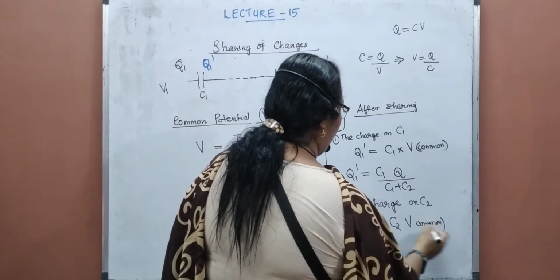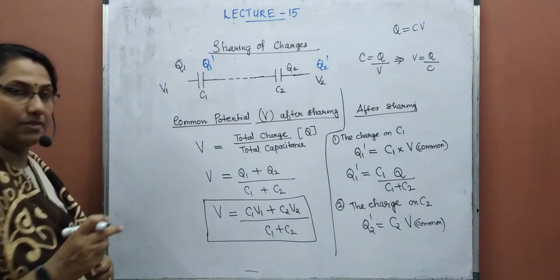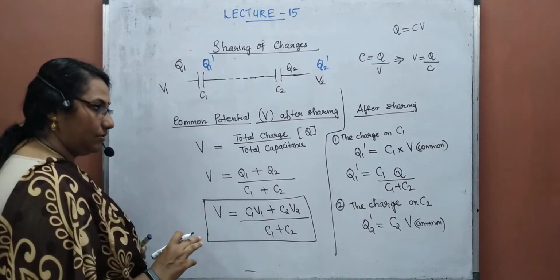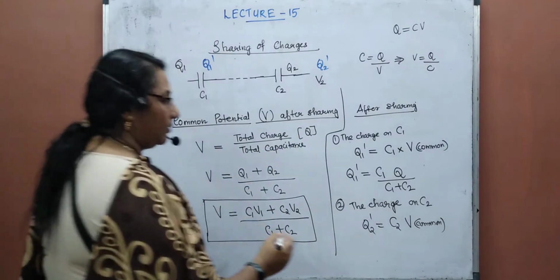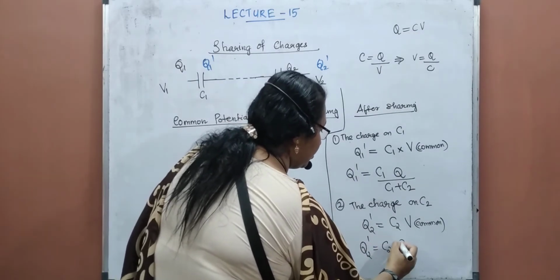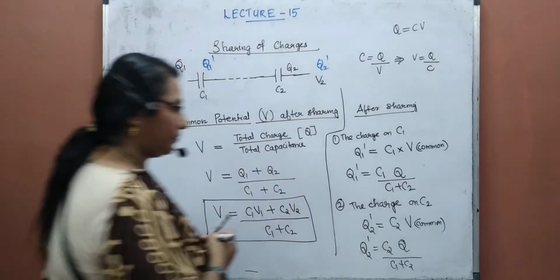Once more, what is common potential? C1 V1 plus C2 V2 by C1 plus C2, or Q1 plus Q2 by C1 plus C2, or we may write the total charge Q by C1 plus C2. So Q2 dash is equal to C2 into total charge Q by C1 plus C2.